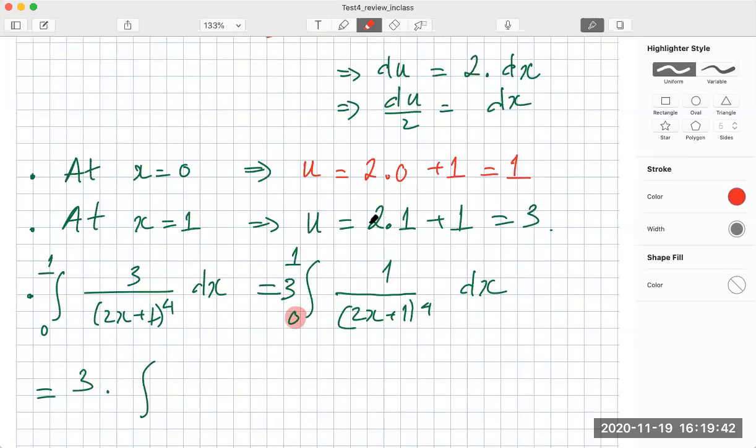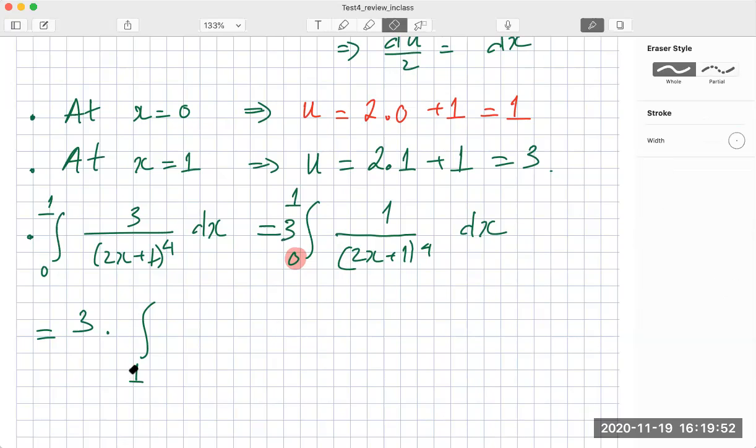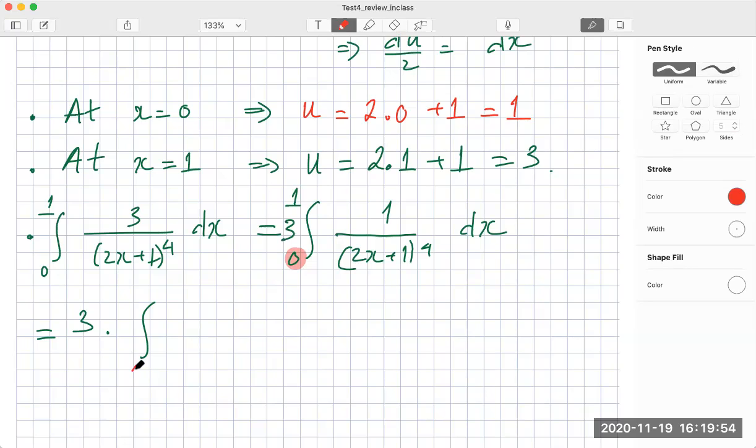When x is equal to 0, then u will be 1. So the lower limit in the u variable will be 1. And the upper limit, it was 1, but now when we change to the variable u, it becomes 3. So the upper limit becomes 3.